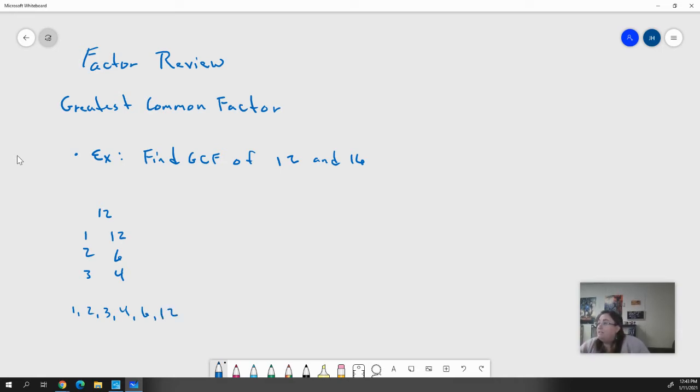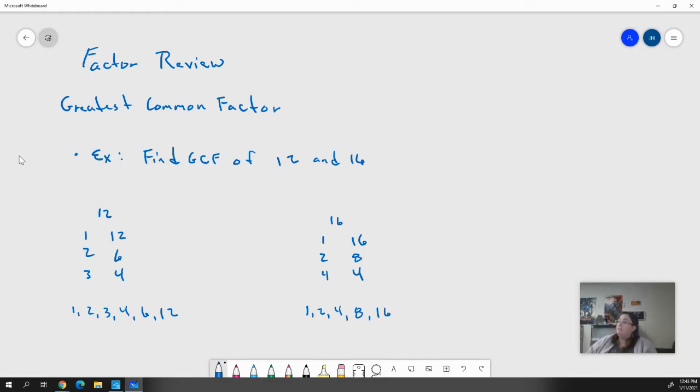If I look at 16 and I need all the factors of 16, I've got 1 and 16, 2 times 8, 3 doesn't go in, 4 times 4. And then we're pretty much maxed out on the factors of 16. So our factors of 16 would be 1, 2, 4, 8, and 16.